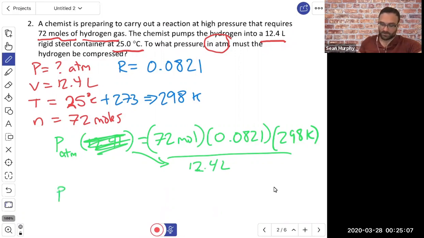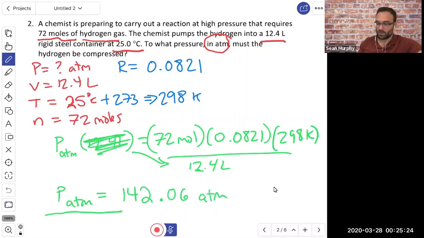Our pressure in atmospheres is a whole heck of a lot, 142.06 atmospheres.